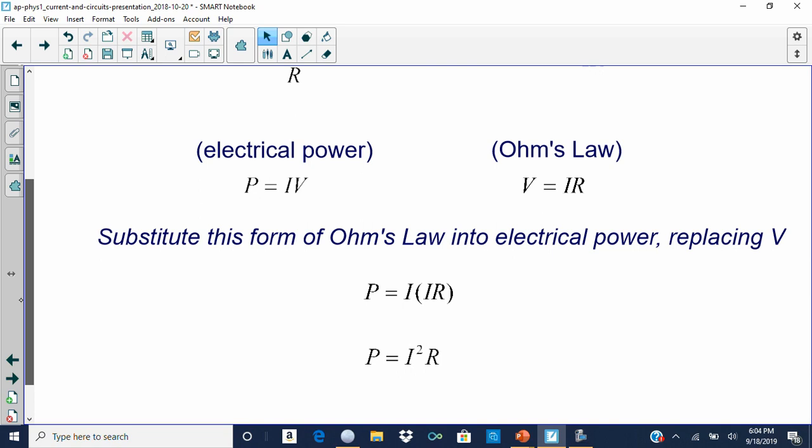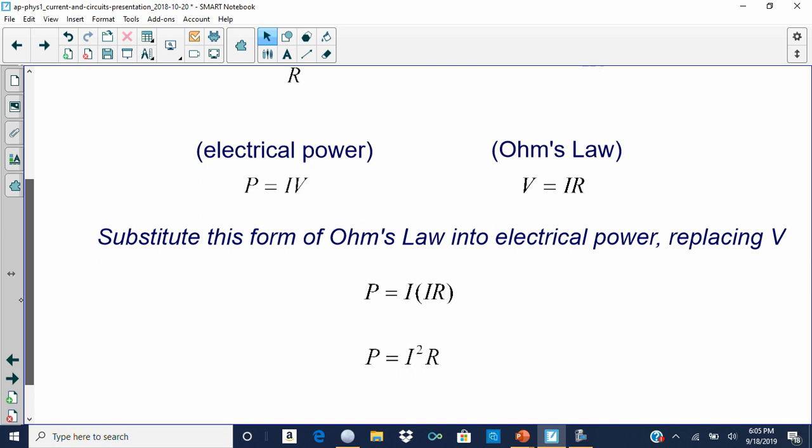What's important here is not the algebra or actually using these equations. What's important is, do you understand what variables are being used? Power is proportional to the current times the voltage. So if I increase the current, I increase the power. If I increase the battery size, I increase the power through the circuit.